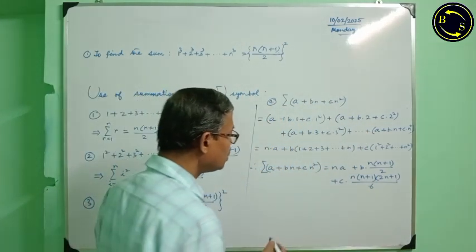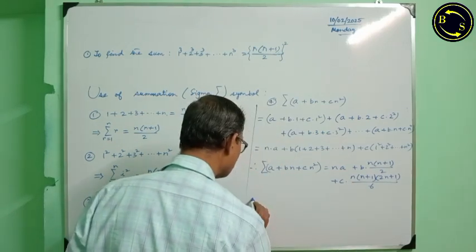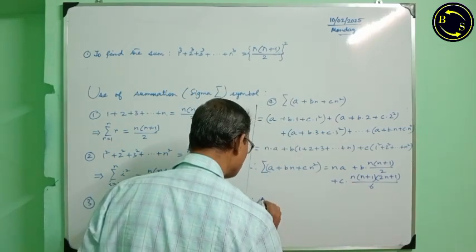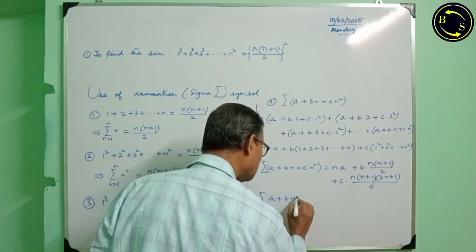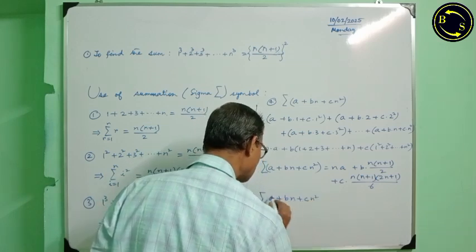Now we can write that, therefore this is equal to the sum of a plus bn plus cn square.